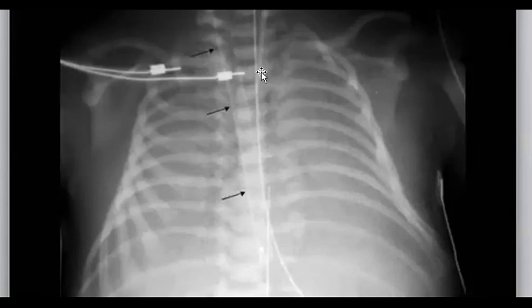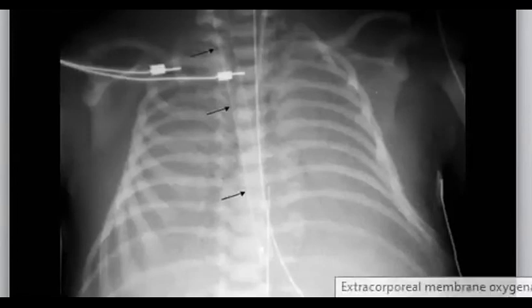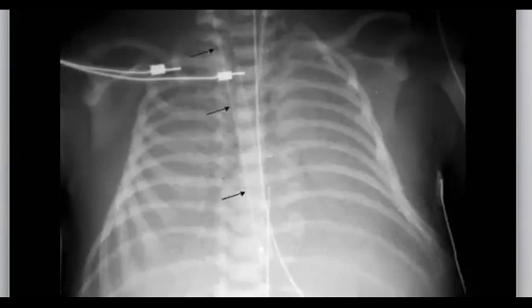Let's check about the endotracheal tube. What is the best location or the proper position of the endotracheal tube in the pediatric population? One to 2 cm above the bifurcation of the trachea. So you mean the carina, right?